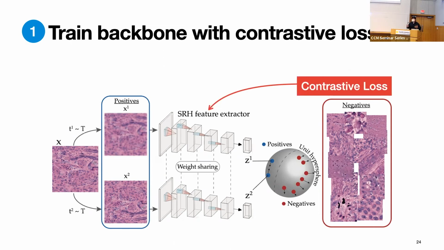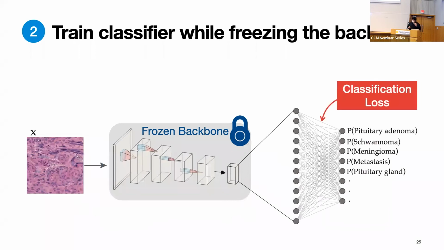And we know that they're similar, so we will use the loss function to enforce attraction between these 2 images and repel everything else. And the second step is, once we have our backbone trained, we can freeze it, as in we can just stop learning the backbone and we'll just learn the last layer in our network, which is a dense, fully connected layer.